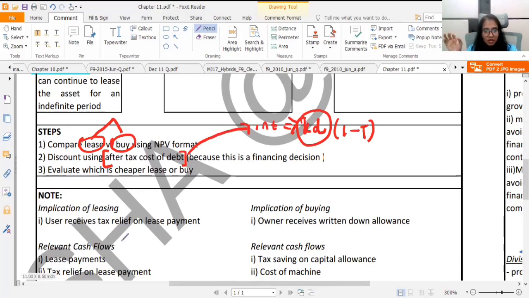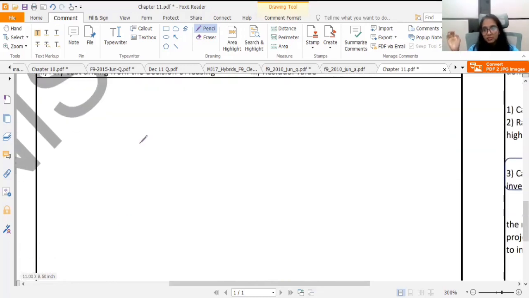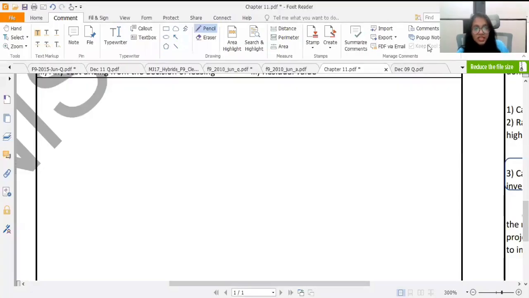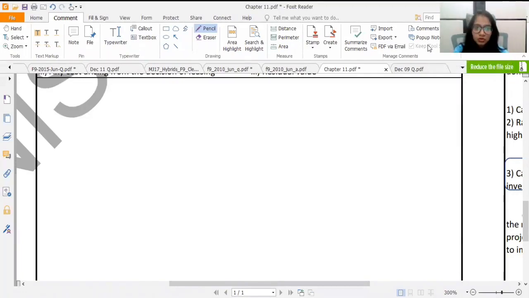All right, so maybe I will just draw the format down here. For the layout, guys, I will show you how we do the layout. So normally I will have a buying decision. I will write my year, whatever cost that I have.